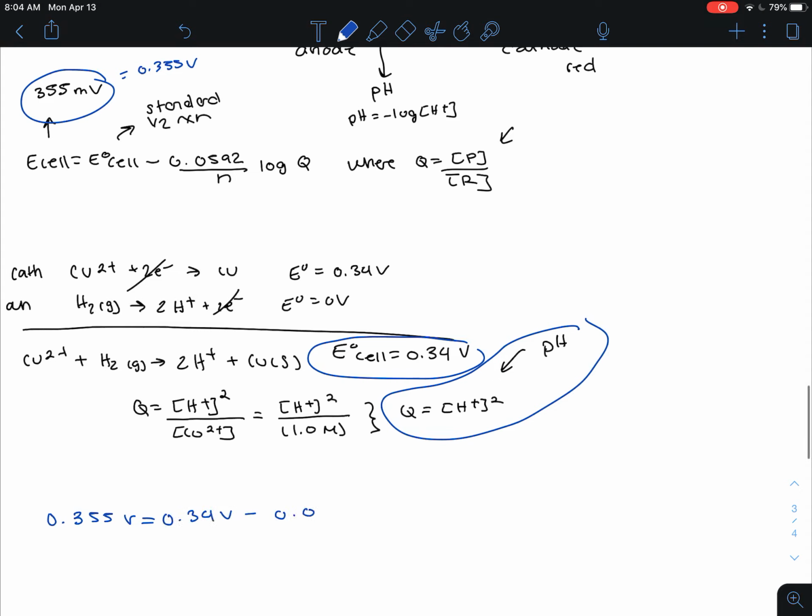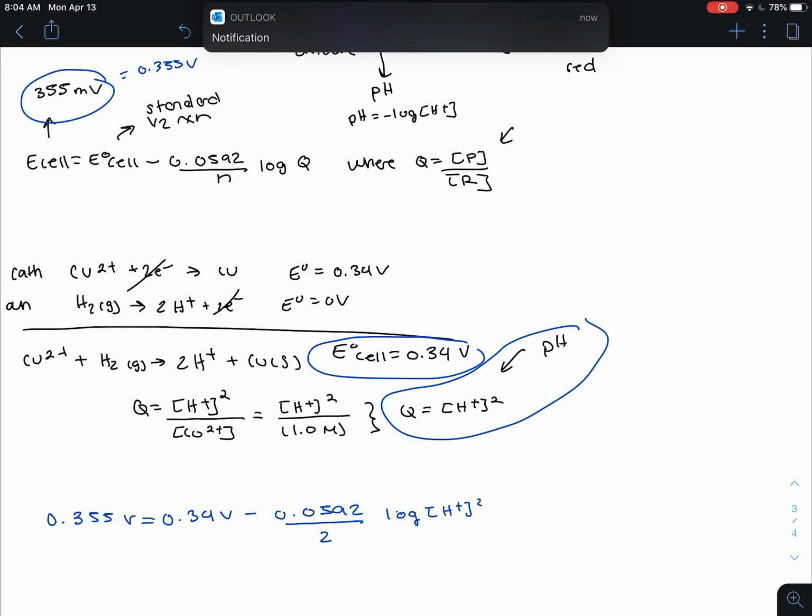So then we have 0.355 volts is equal to 0.34 volts minus 0.0592 divided by N, which is 2 electrons, times log of Q, which is log of H plus squared.